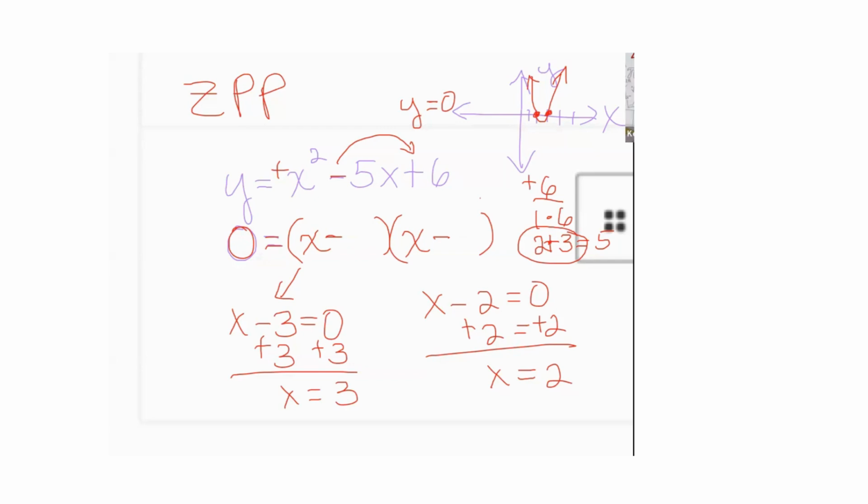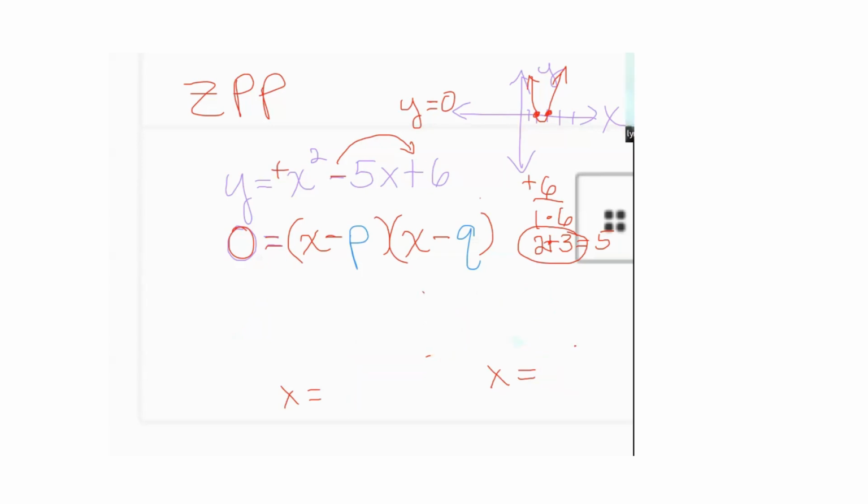I don't know what they called it, P and Q or something, so we'll call this P and this Q. So x minus P, if we solve that, we get x equals P. Let me erase all that. After the zero product property, we get x equals P and x equals Q. So that means that P and Q are our x-intercepts.